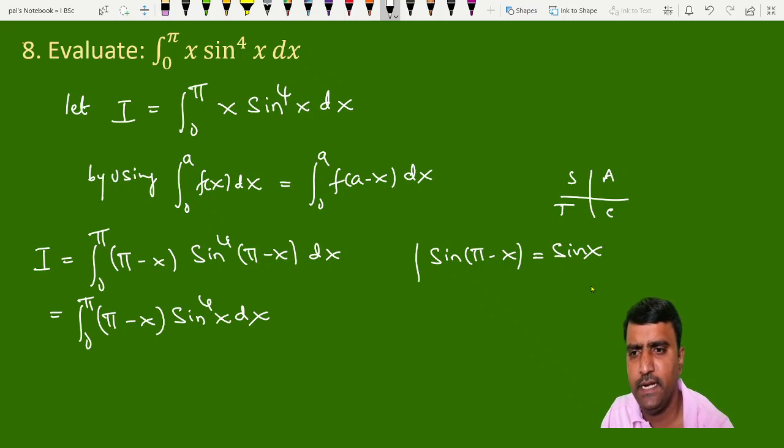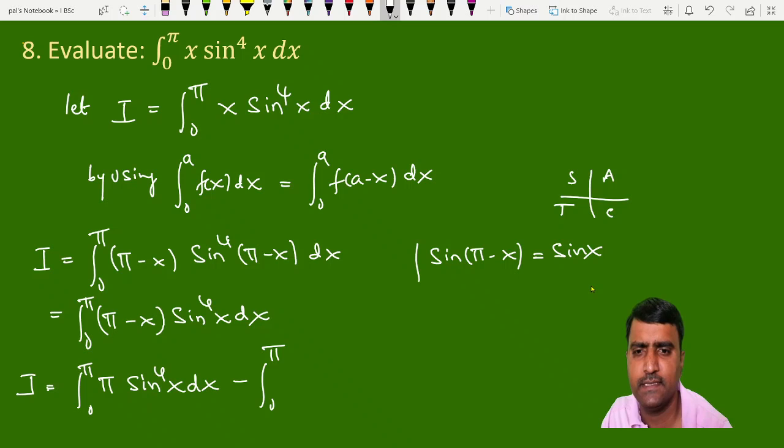Now you write I is equal to integration from 0 to pi. If you multiply this sine to the power 4x dx with pi, it is like this: pi into sine to the power 4x dx minus integration from 0 to pi of x into sine to the power 4x dx.